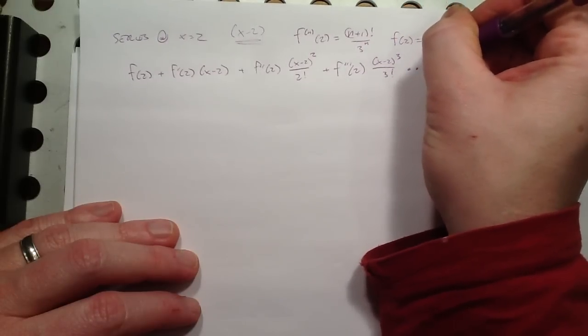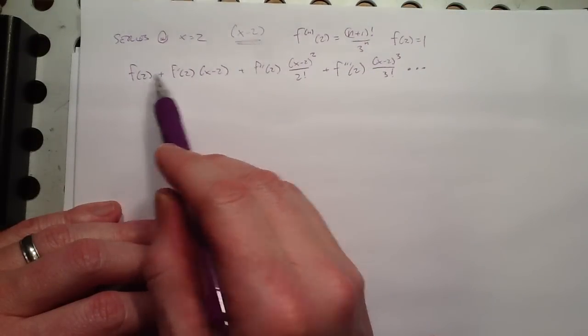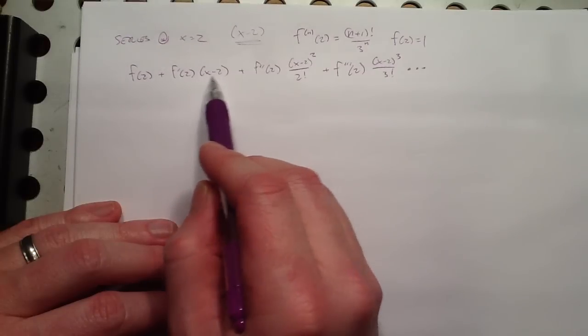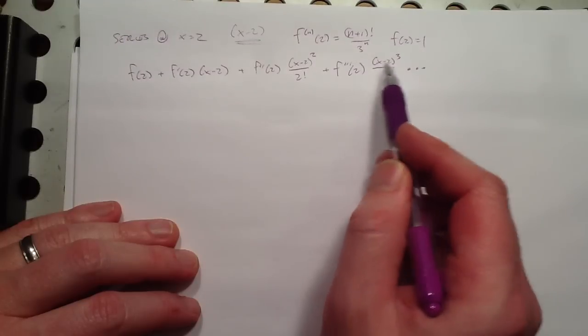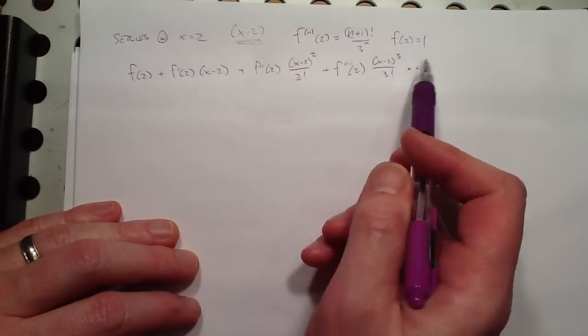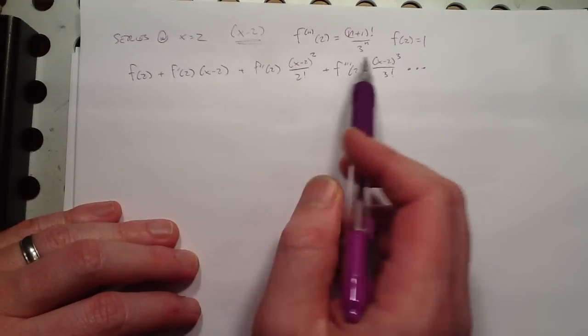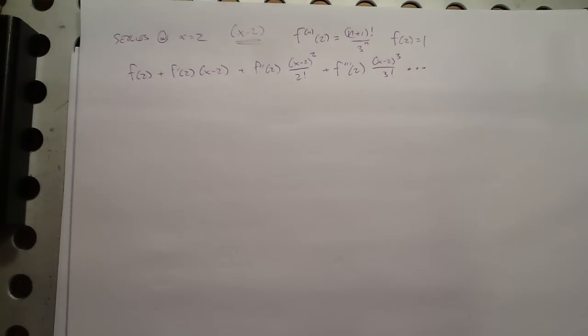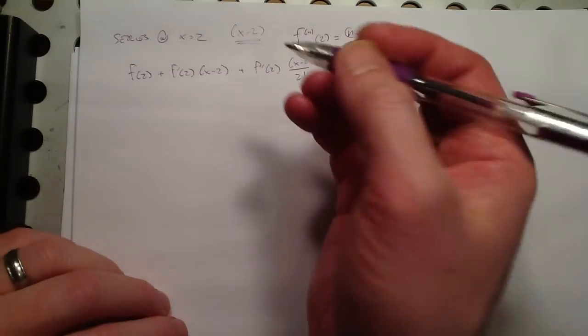It's just like a Maclaurin series, except instead of x's, these are all x minus 2's, and instead of plugging in 0, we're plugging in 2. And they wanted the first 4 terms and the general term. So let's see if we can do that.